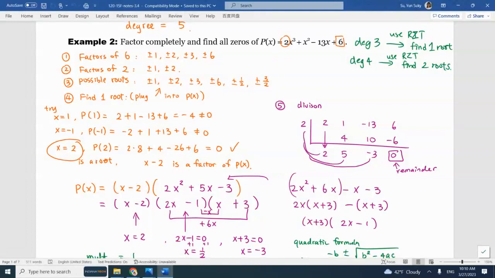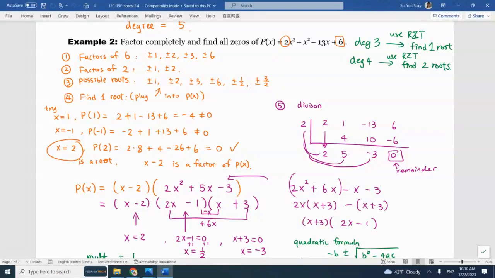Synthetic division only works on a linear divisor with the coefficient of x being 1. But in this case, x minus 2 is in that form, so we use synthetic division, it's easier. And you always get the remainder 0. So therefore, this corresponds to 2x squared plus 5x minus 3.